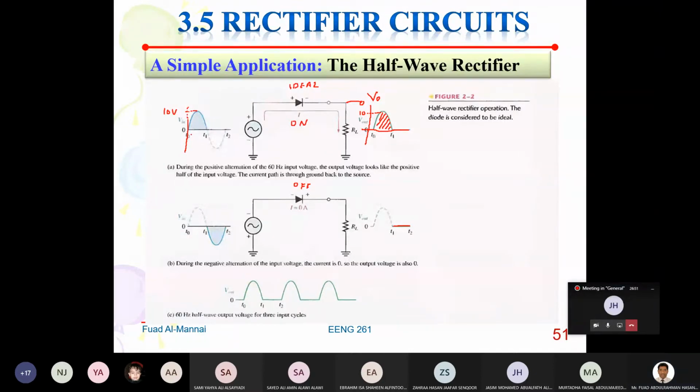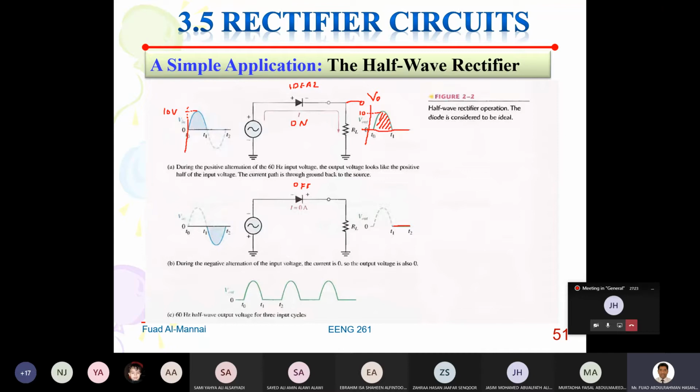Now we apply the sine wave to the input here. When the sine wave is 0, and you have a 0 coming from the ground, the diode will be off, open circuit, right? So the output here will be 0 as well.